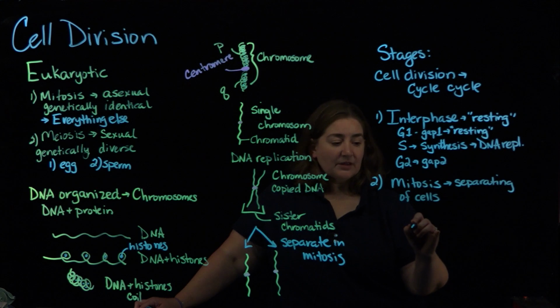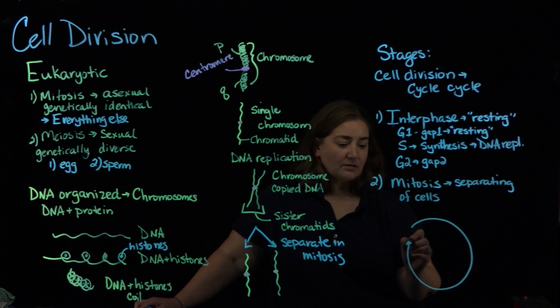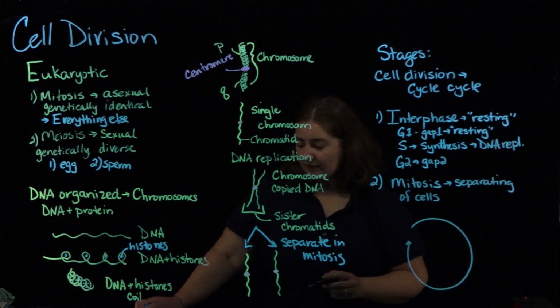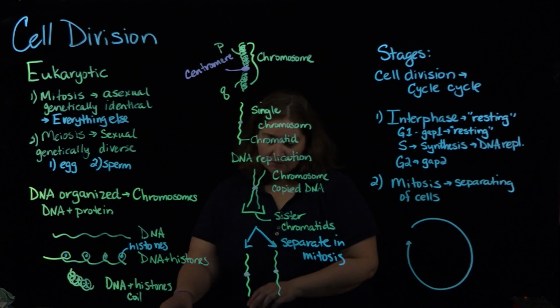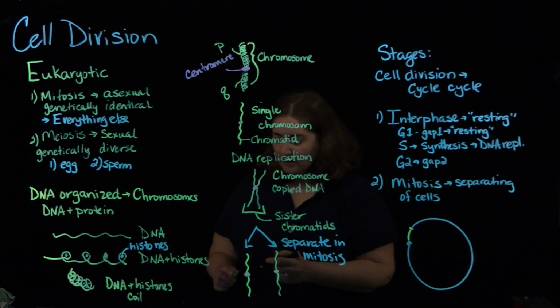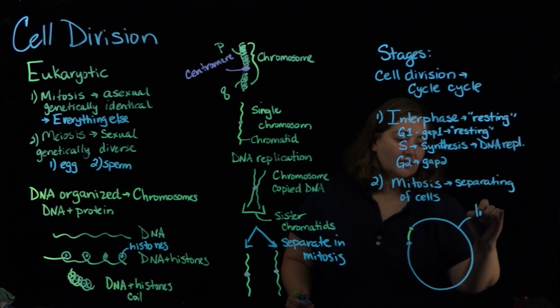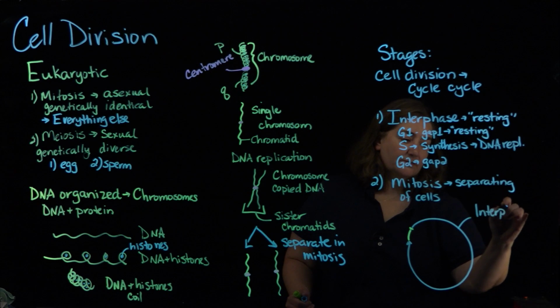But what I'm going to do, I'm going to kind of draw a circle here, okay? And I'm going to use some different colors, okay? So what I've got in blue here, this is going to be interphase.